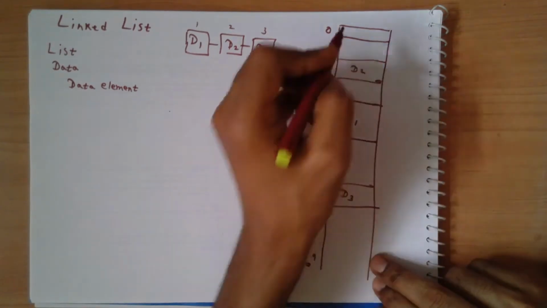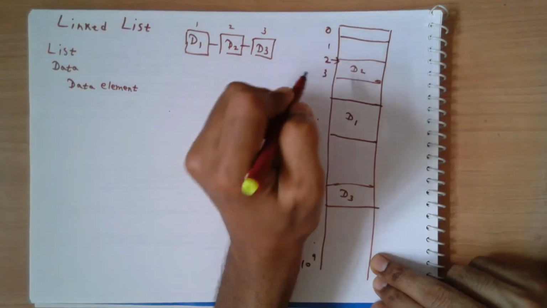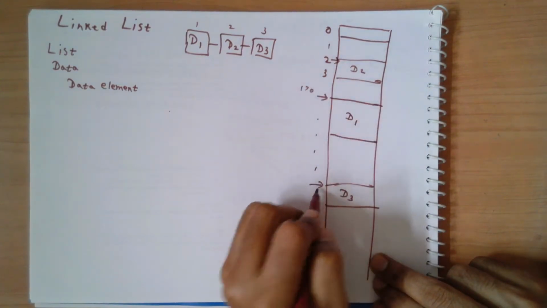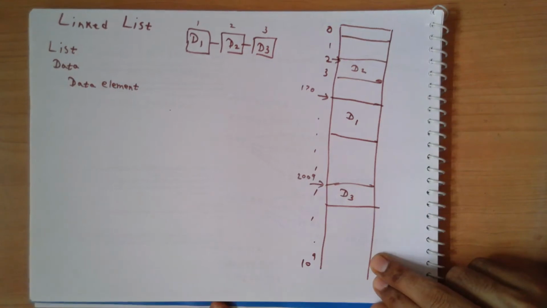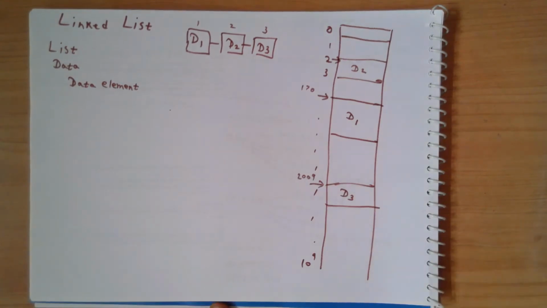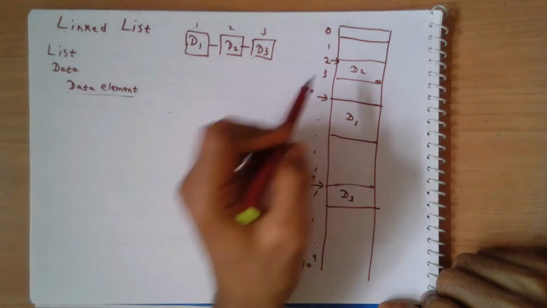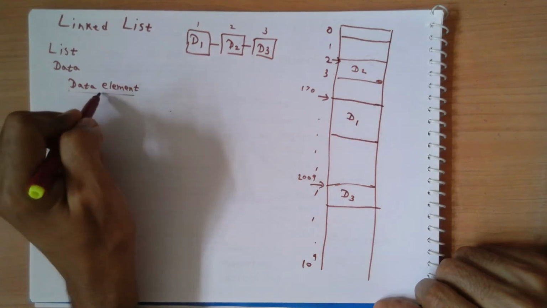and then I will have the starting address for each of the blocks. So let's say this is address 2, this is, say, 170, and say this is 2009. Okay, so this is the starting address for these blocks. So what is going to happen is that each data element will be identified based on its starting address, and then inside it might have various other values.